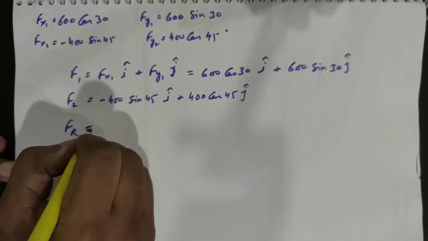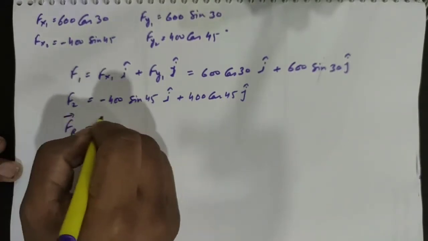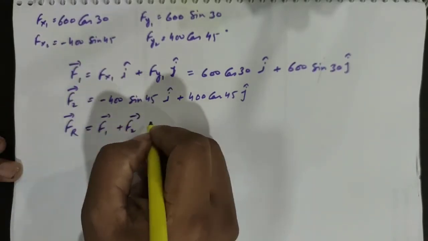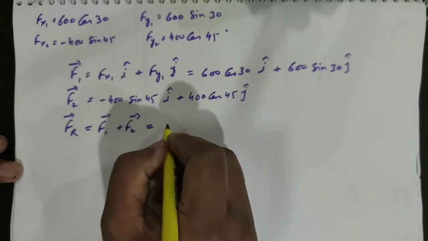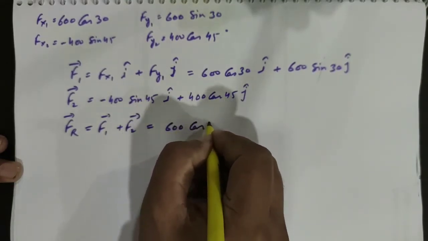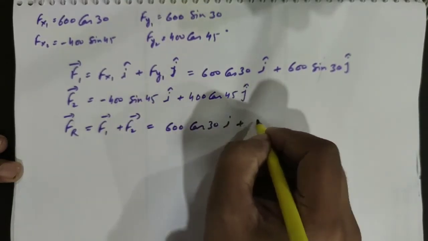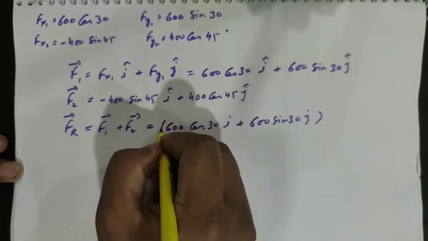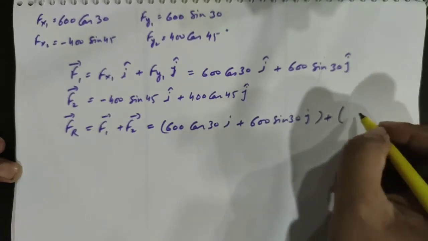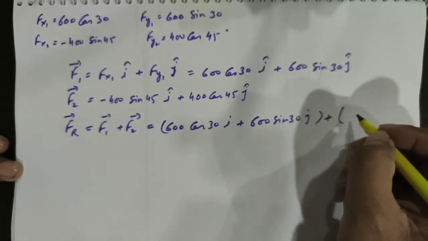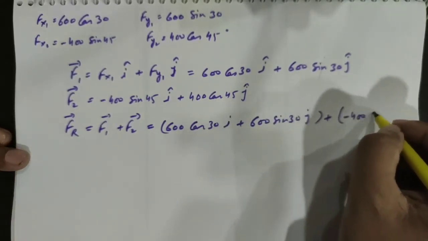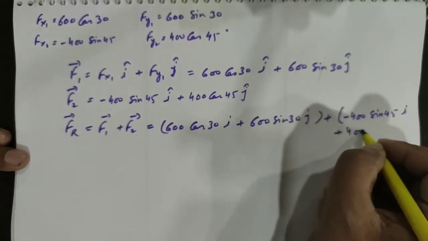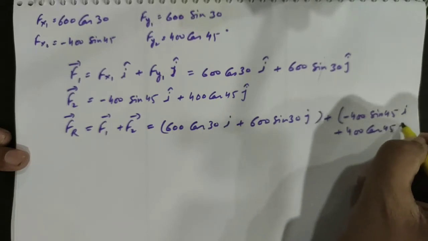For the resultant force, we are adding both the vectors. What will happen? This is 600 cos 30 i plus 600 sin 30 j plus minus 400 sin 45 i plus 400 cos 45 j.